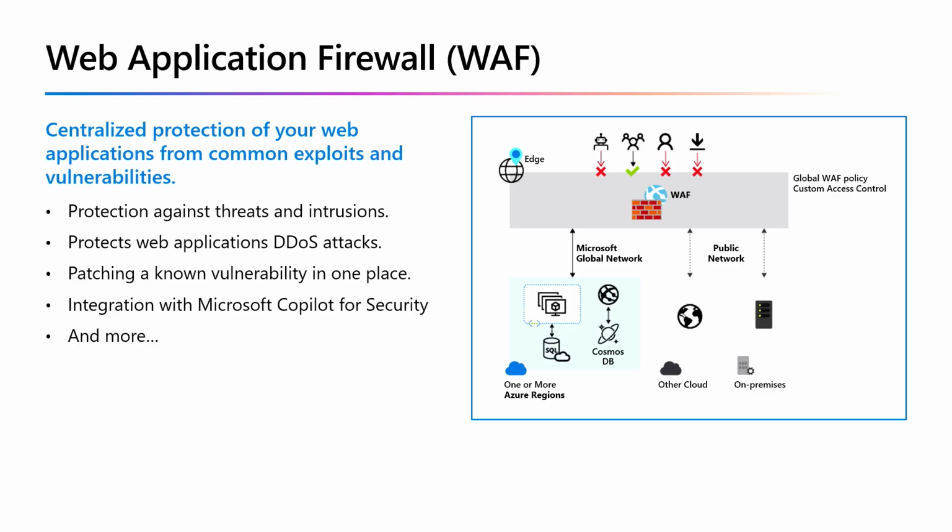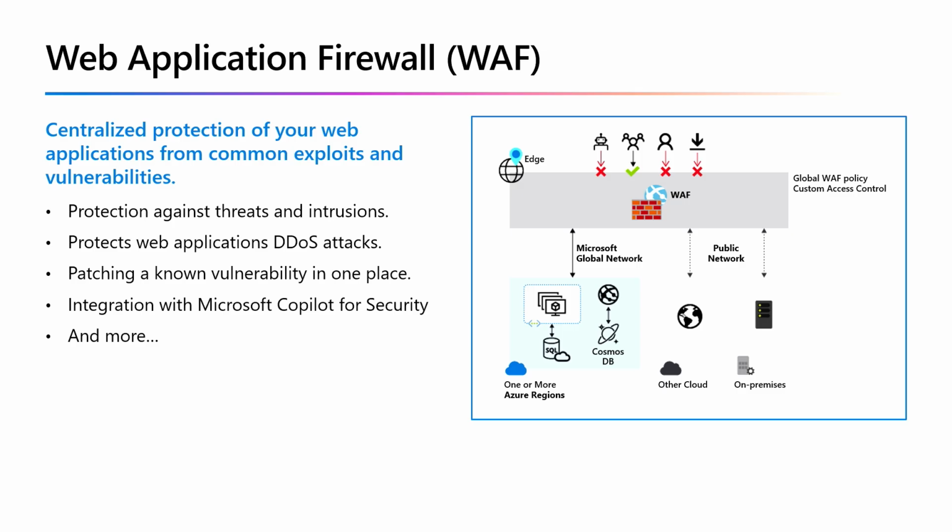Web applications are increasingly targeted by malicious attacks that exploit commonly known vulnerabilities like SQL injection and cross-site scripting. Preventing such attacks in application code is challenging. It can require rigorous maintenance, patching, and monitoring. Web Application Firewall (WAF) provides centralized protection for your web applications from common exploits and vulnerabilities.